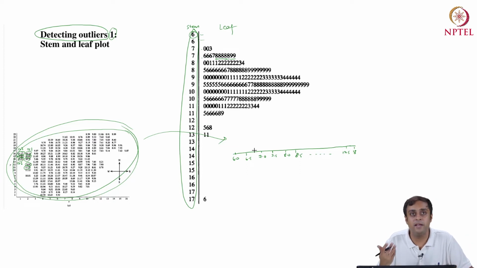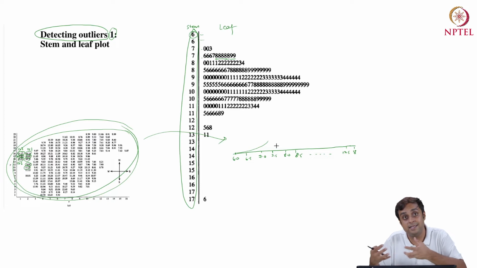So using the stem and leaf plot, what we are able to understand is that the density of these data seems to be skewed towards the right. So you have a very high value of 17.6, then you have some values at 12 and 13, and then most of the values are starting to pick up on the left hand side at 11.